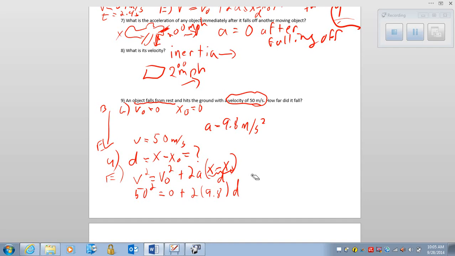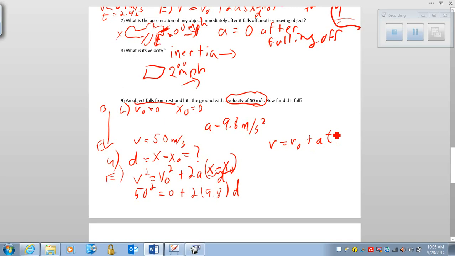Now, let's say you didn't use this equation. Let's say you decided to use the equation that said V final is equal to V initial plus AT.